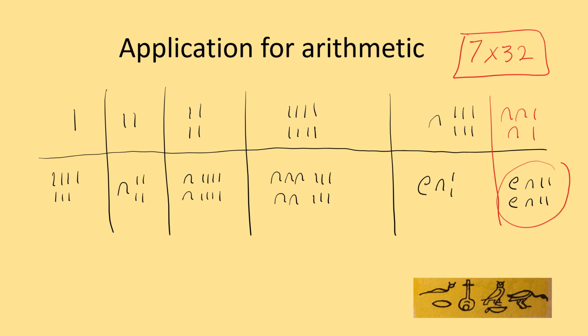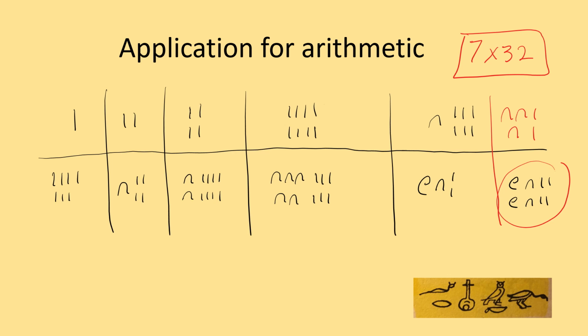So in this example, I'm going to look at 7 times 32. For this particular case, we can simply create a table that looks at the doubles from 1 through 32, because 32 fits into the set of doubles starting from 1, 2, 4, 8, 16, and 32.